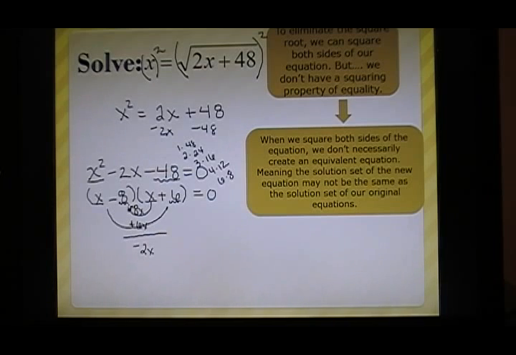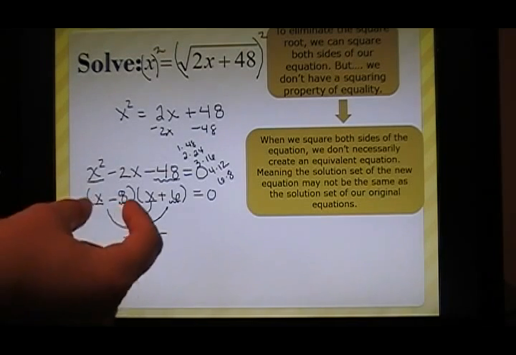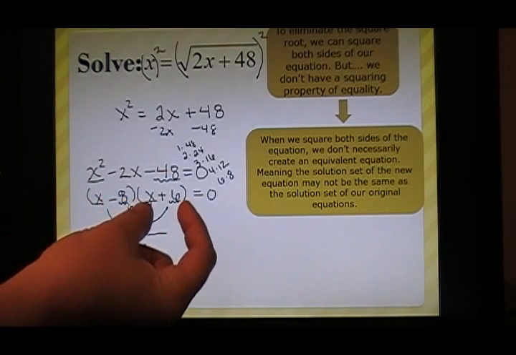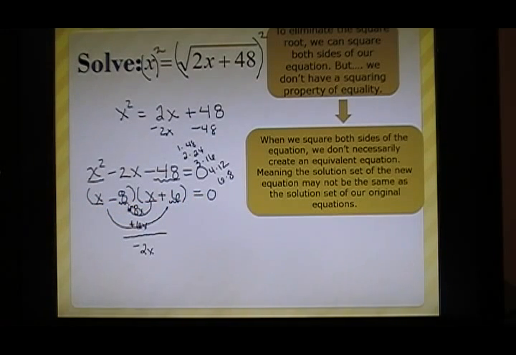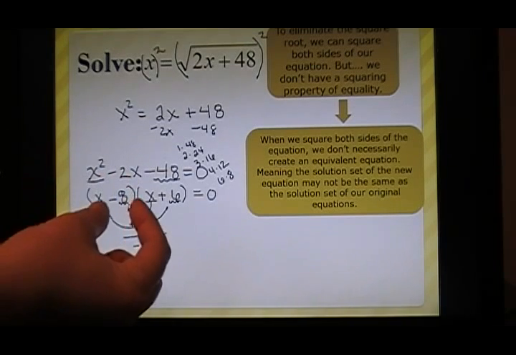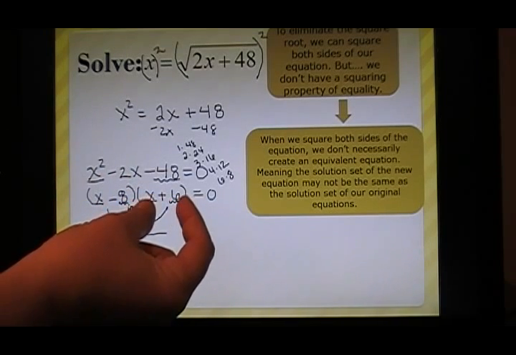And the reason we do the factoring is because now we say this guy times this guy equals 0. And from what we know about multiplication, the only time you can multiply and get a product of 0 is if you multiply by 0. So the solutions would be any number that makes either of these factors equal 0.